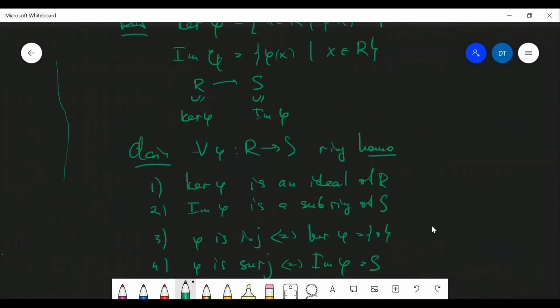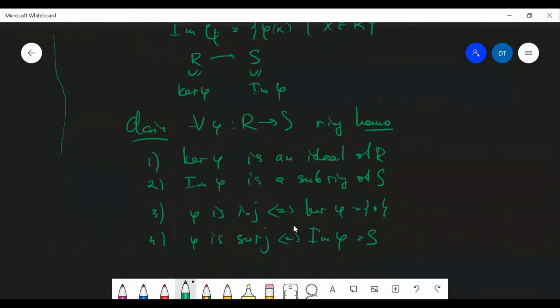As usual, the kernel controls injectivity, and the image controls surjectivity. And property number 4 is obvious, it's just by definition. I just want to draw your attention to this statement.